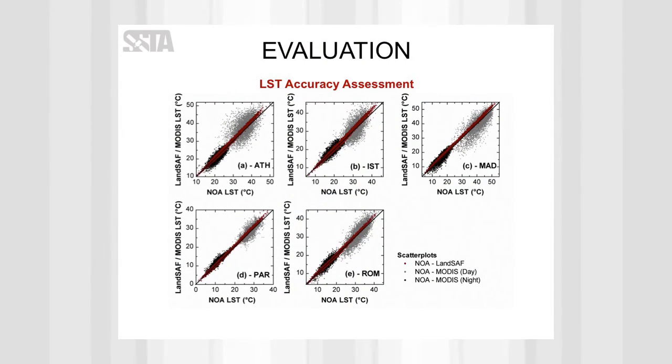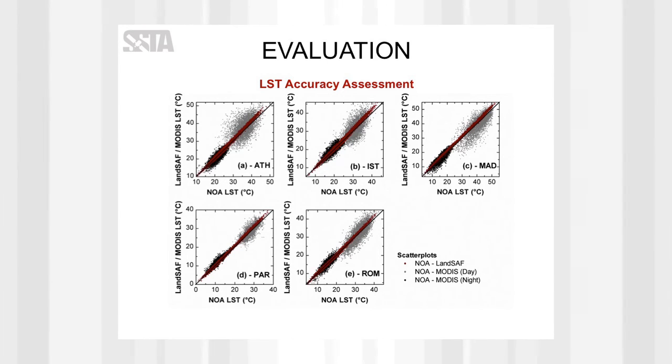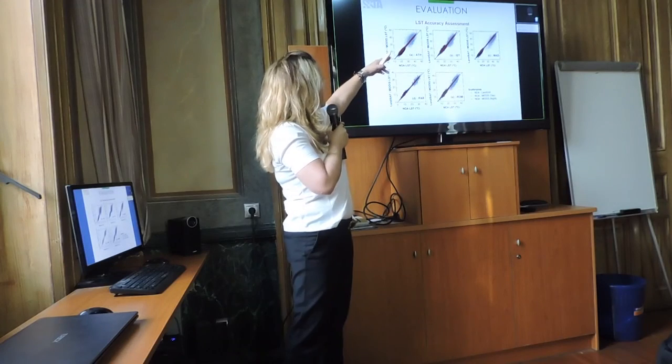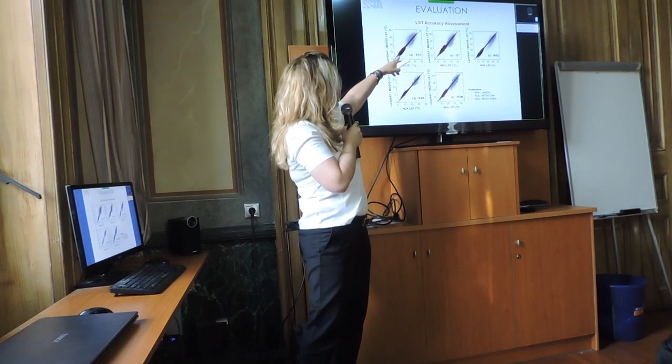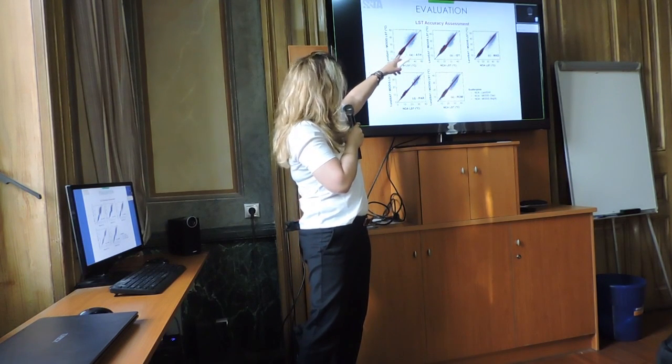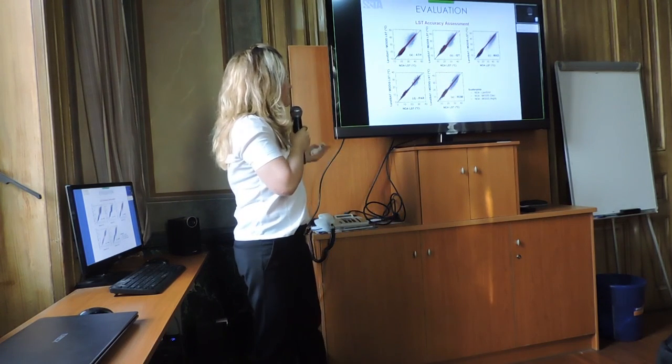This is the one-to-one correlation line. The x-axis is our own retrieval for land surface temperature at the original resolution. These are the red lines. And then the downscale against MODIS. So the black dots are for nighttime, and the gray dots are for daytime.